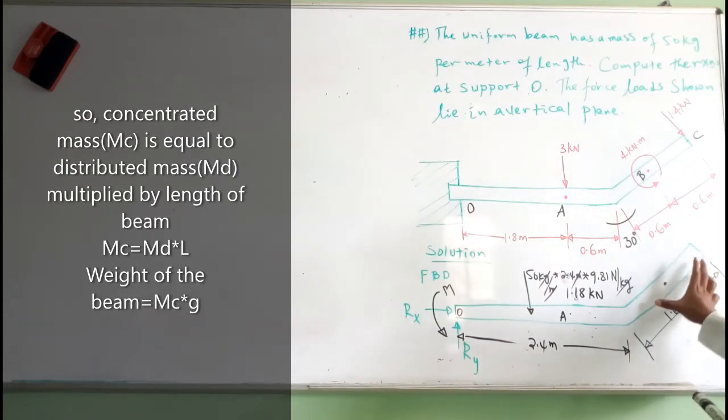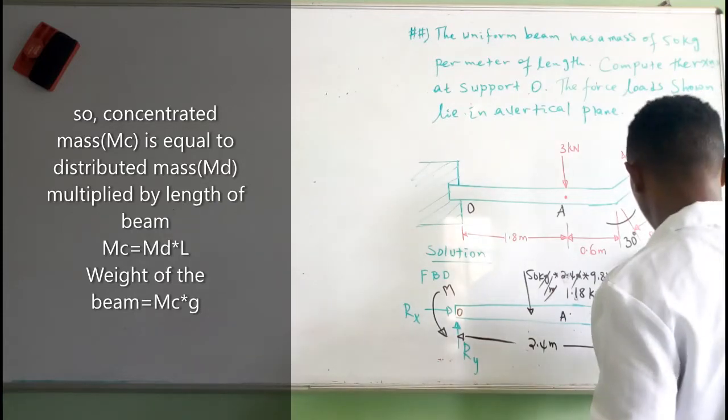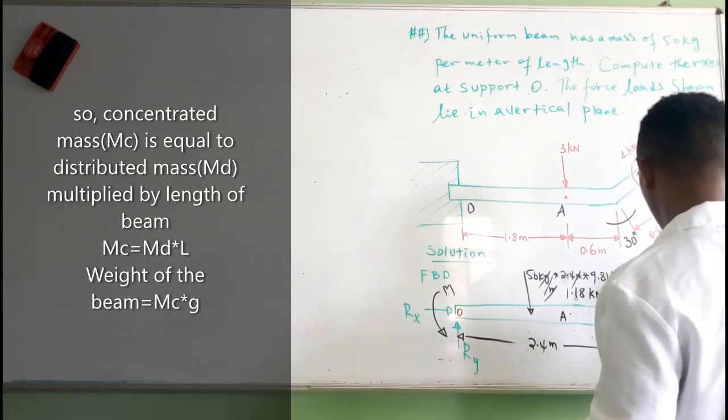In order to convert the distributed mass to concentrated, we multiply by the length. So the distributed load becomes the concentrated load.